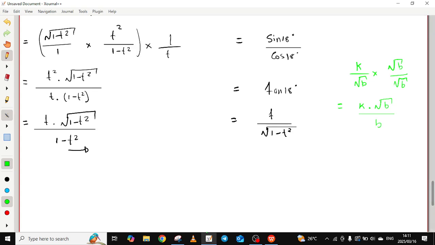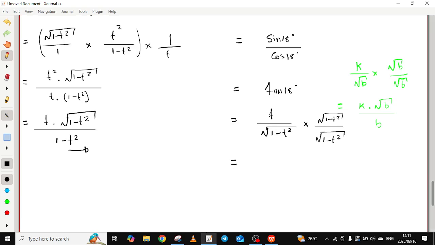Isn't that so? Okay, so this means if I've got t divided by the root of 1 minus t squared, I can also rationalize it by simply multiplying by the root of 1 minus t squared divided by the root of 1 minus t squared.